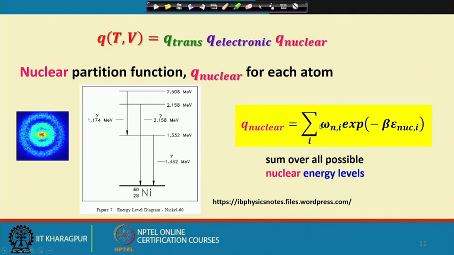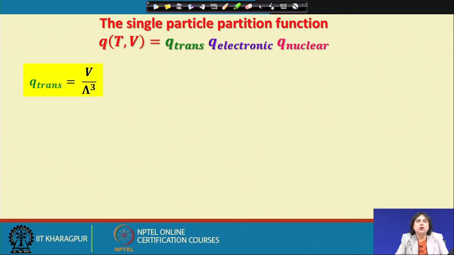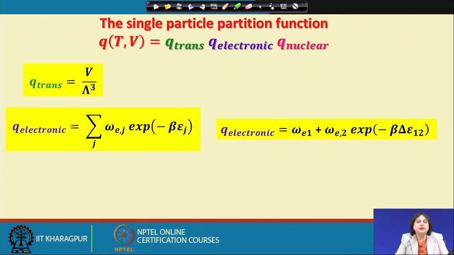In the summand I have the degeneracy of each of the nuclear energy levels, and I have the exponential term by definition. So, at this point we have the ability to evaluate the small single particle partition function small q. This is the information we have gathered so far.